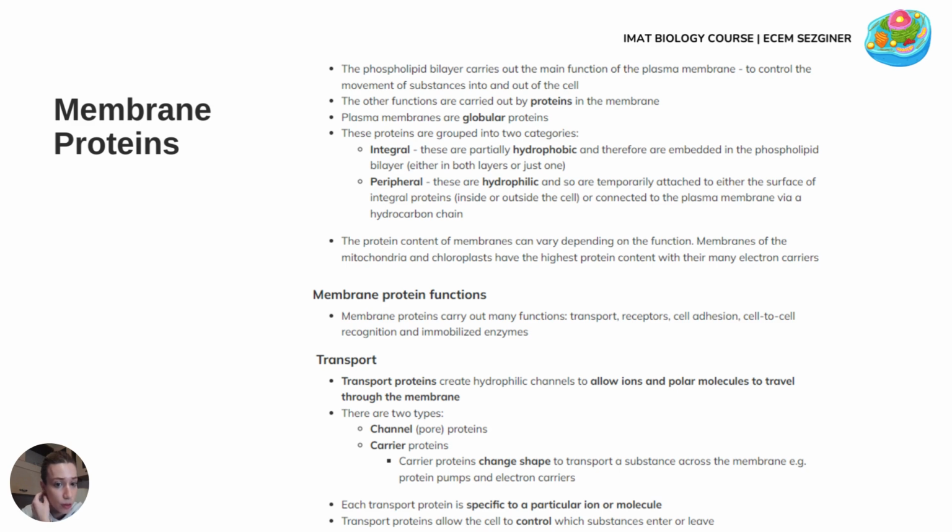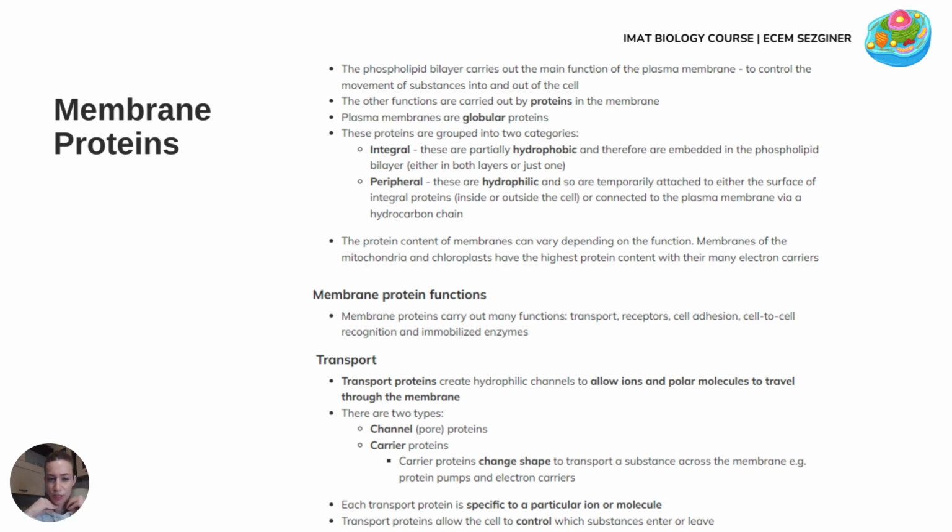The transport proteins can be further categorized into channel proteins, which have a pore inside their structure, and carrier proteins. Carrier proteins are more like a hair tie or a chain that changes shape, opening and closing.